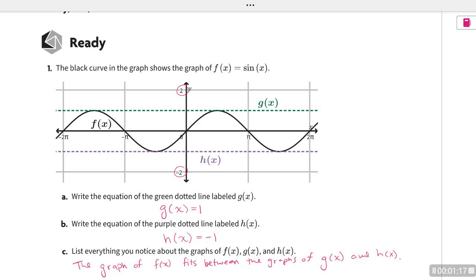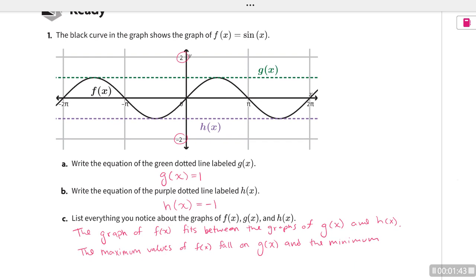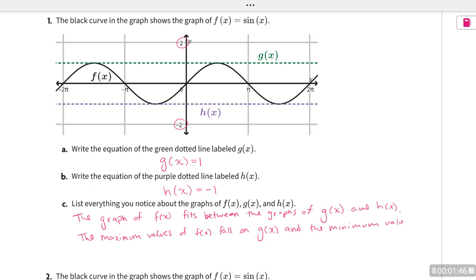The maximum values of f of x fall on g of x, not h of x, fall on g of x, and the minimum values of f of x fall on h of x, right?